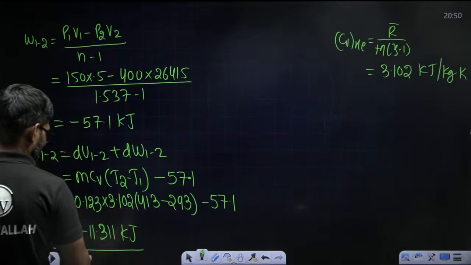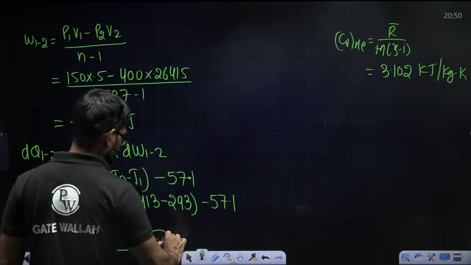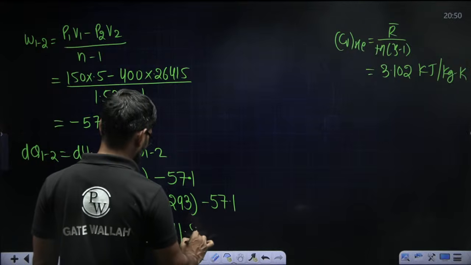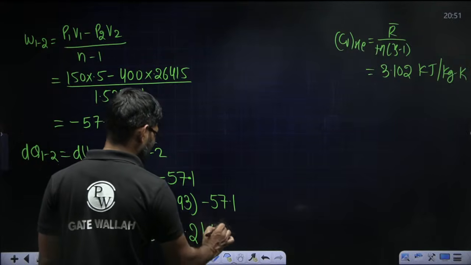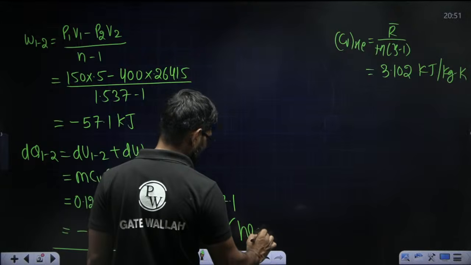Option is there, 11.2. Oh, sorry. So it is approximately 11.2. Option is there. Heat rejected.